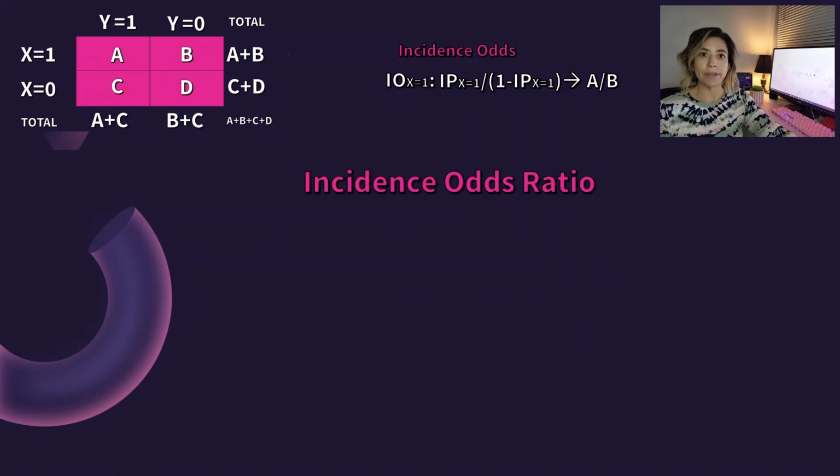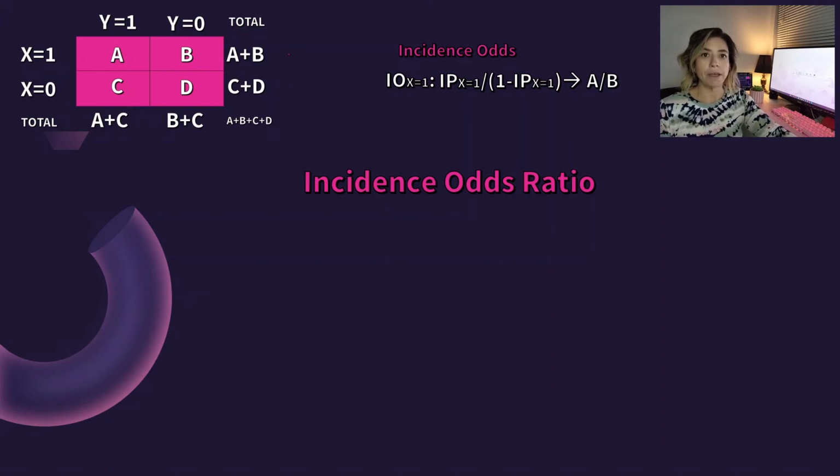Now let's talk about odds ratios and the incidence odds ratios. If we remember, our incidence odds was a measure of probability, meaning that we looked at the incidence proportion divided by 1 minus the incidence proportion, and we got the incidence odds.